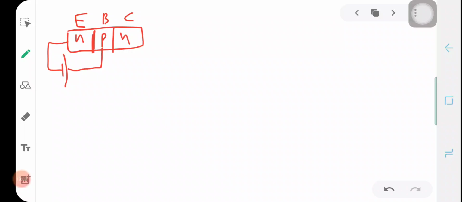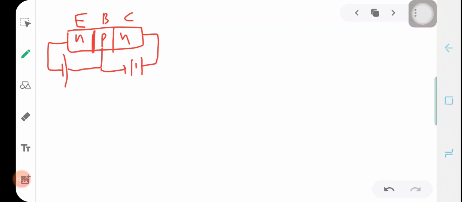The collector should be reverse biased, so this N region should be connected to the positive terminal of the battery, and the negative terminal should be connected to the base, so that the collector base junction is reverse biased. So this is the general connection.